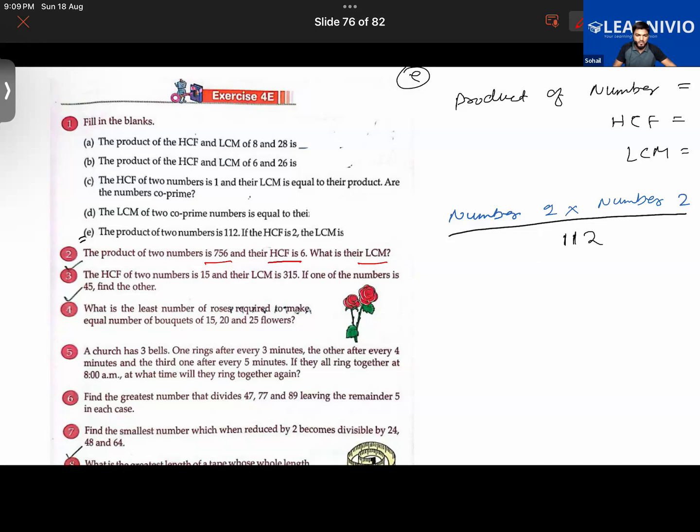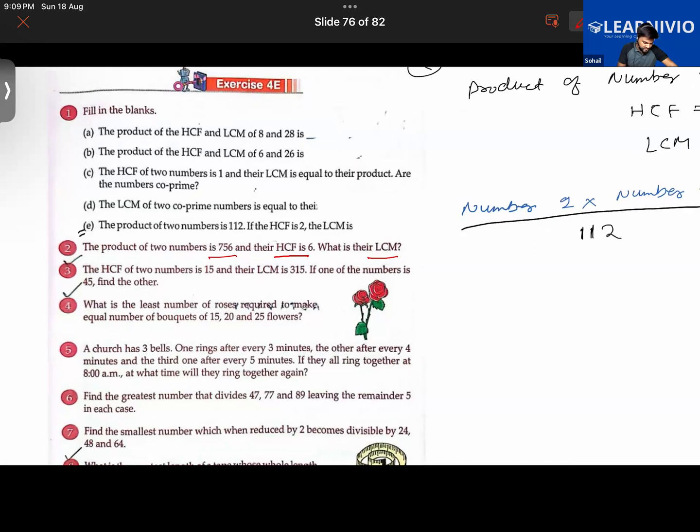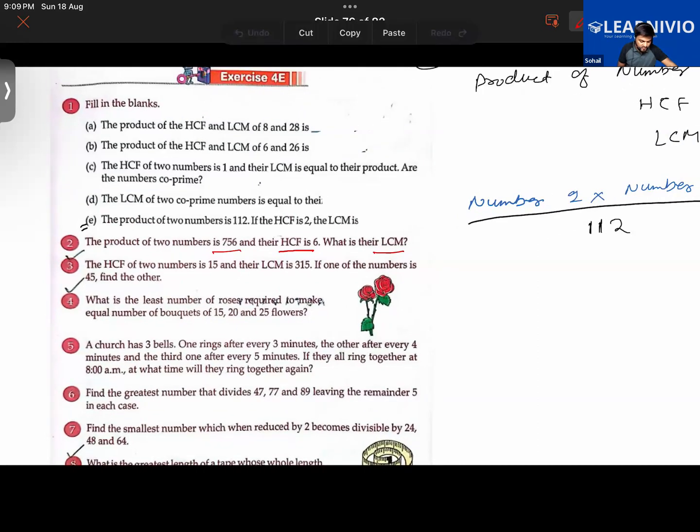So this question, right? Question number 2. I gave you question number 2. The product of two numbers is 756.